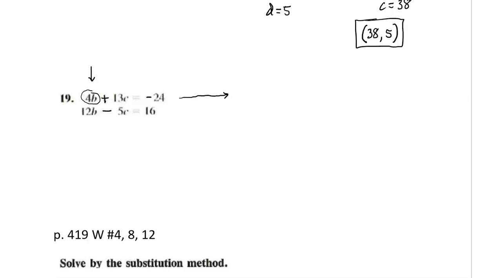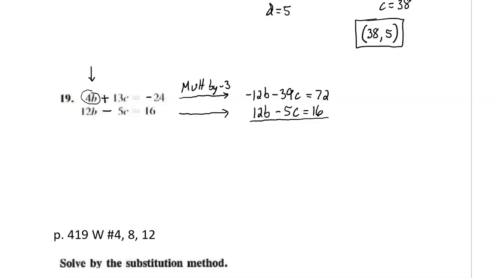So I'm going to multiply the top equation by -3. And here's what you get. And rewrite the second equation with no changes. And now add together.